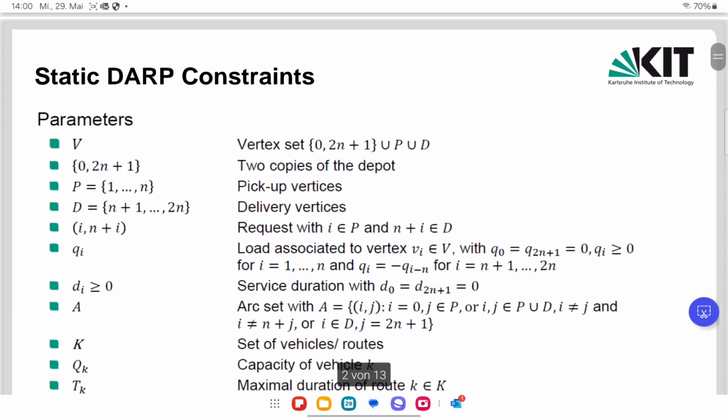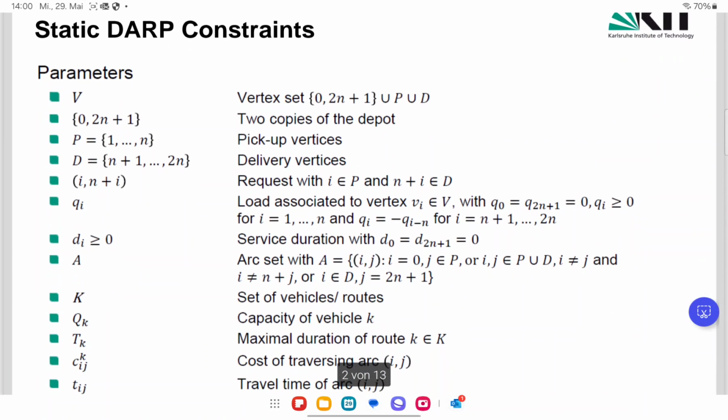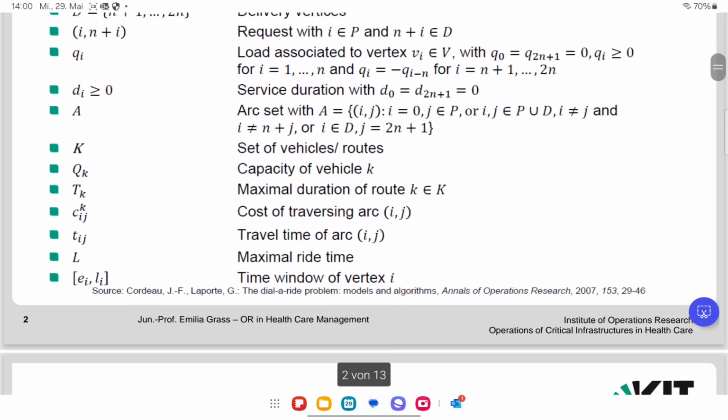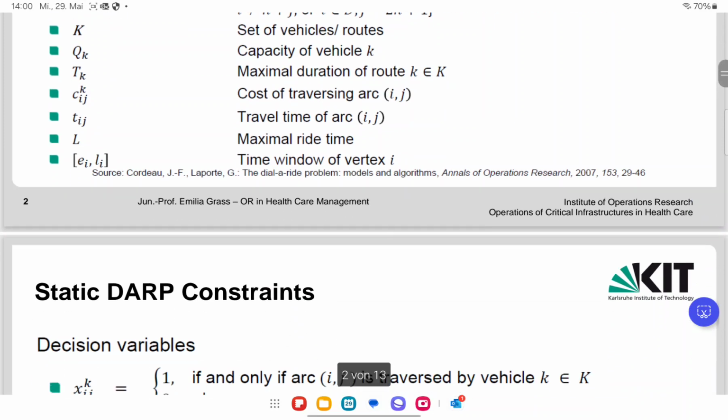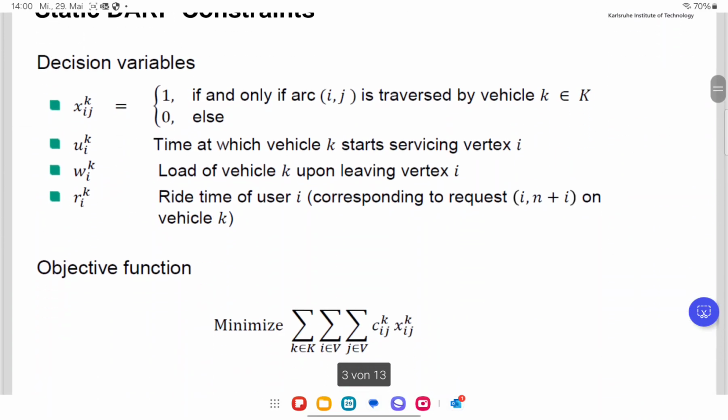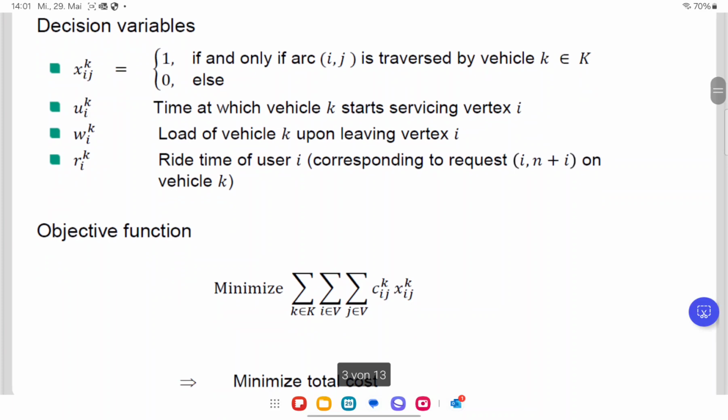Okay, so you remember these are the parameters of the static dial-a-ride problem. This is everything we have to know, and these are the decision variables. x says 1 if and only if arc i to j is traversed by vehicle k, otherwise it's 0.